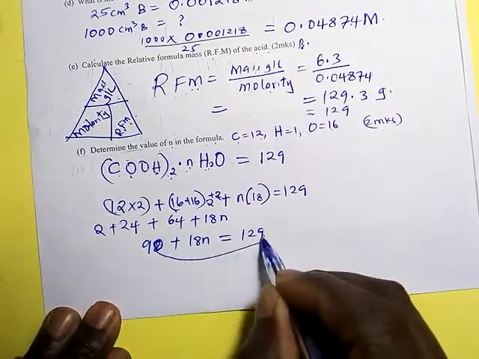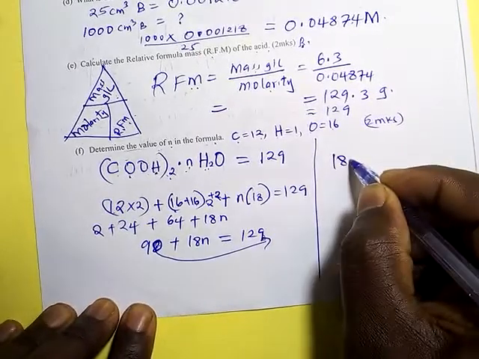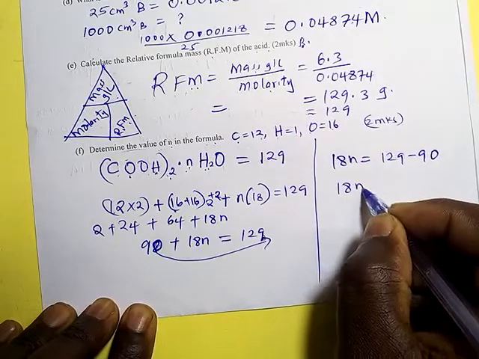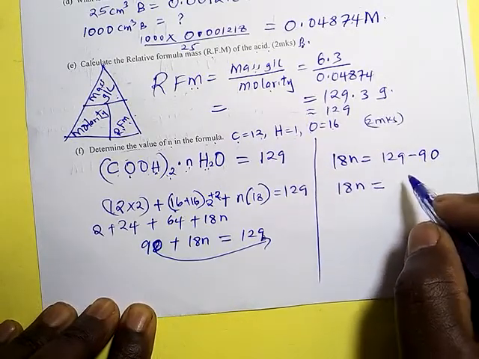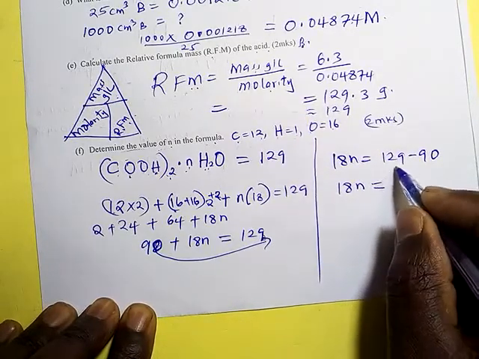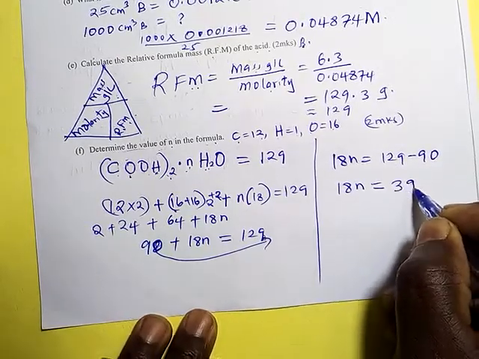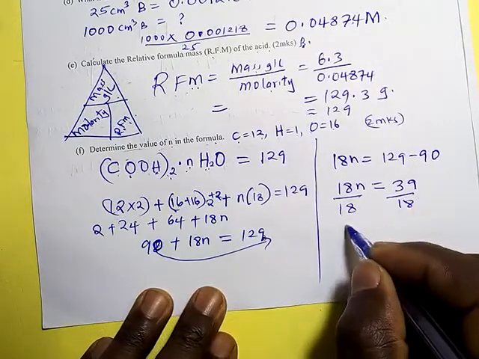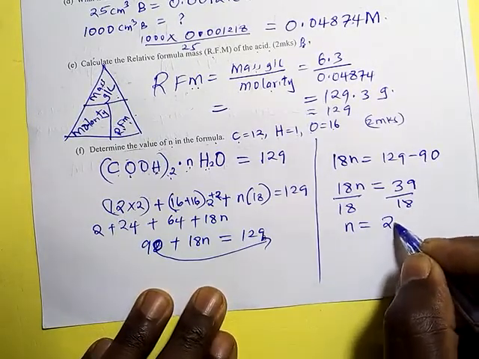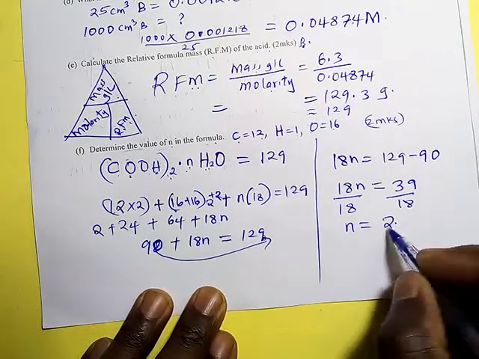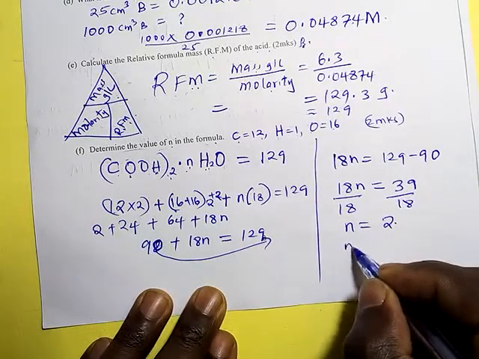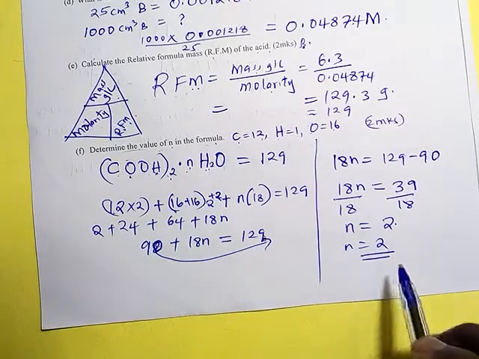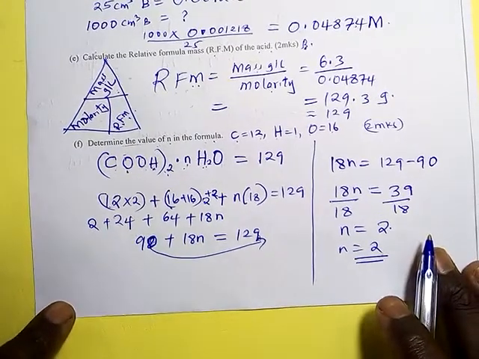So you put like terms together. 18n is equal to 129 minus 90. 18n is equal to 39, divided by 18. So n equal to 2 point something there. So you ignore the decimal points and n equal to 2. So the value of n in that formula is 2. Thank you for your time.